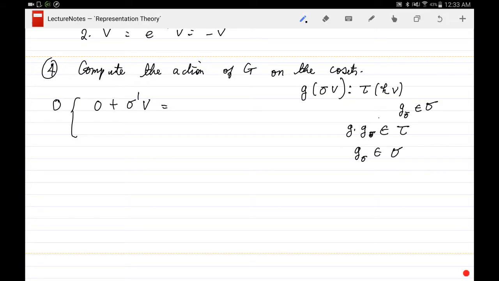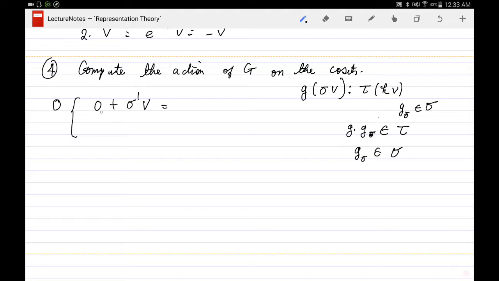So remember that this is a representation that acts on cosets. You have to bear that in mind, because otherwise all this will be very confusing.